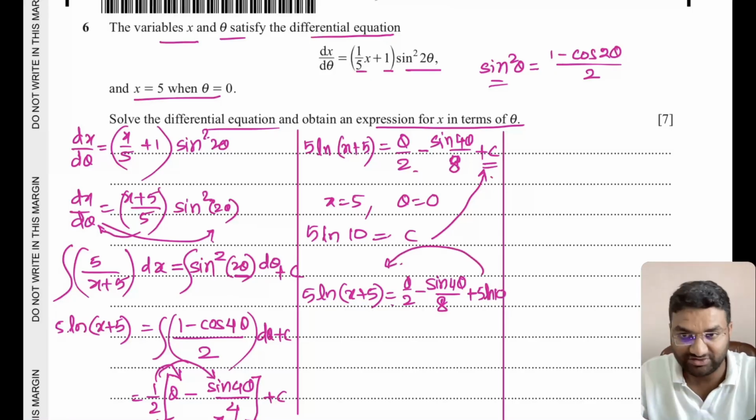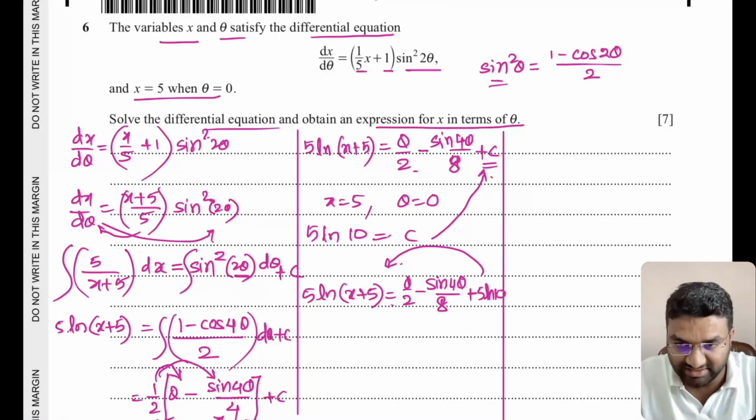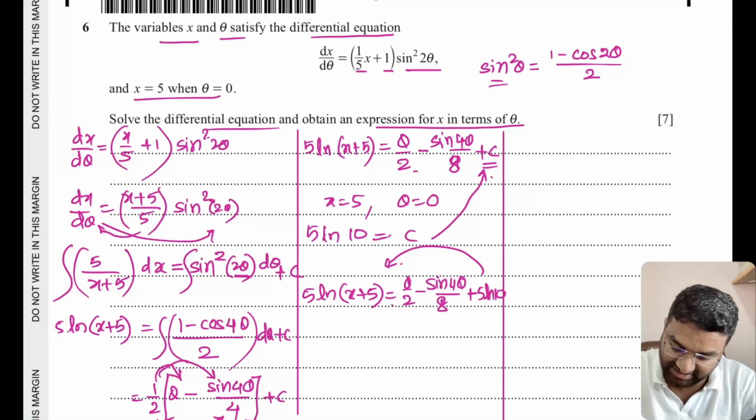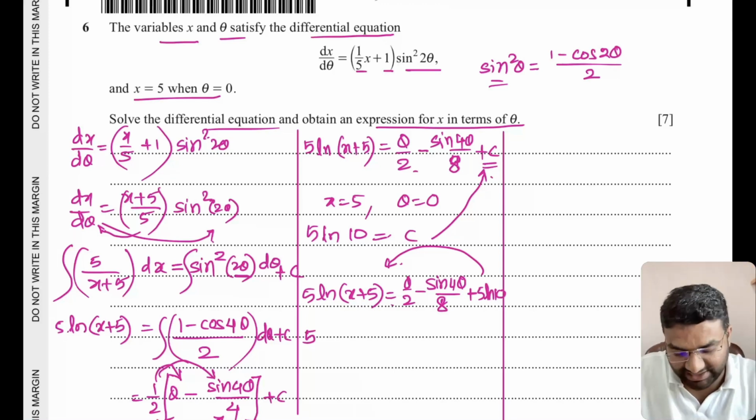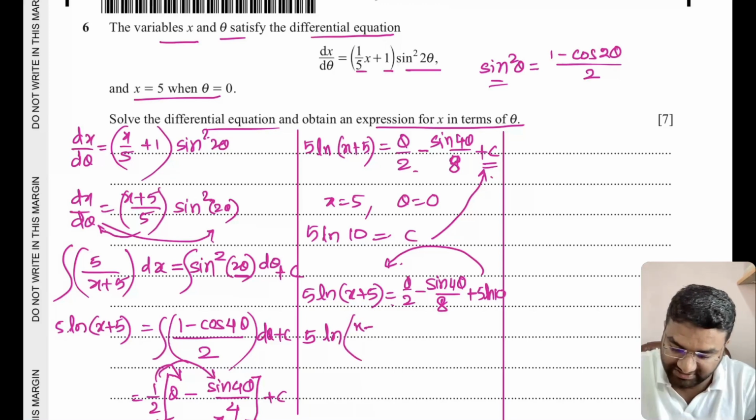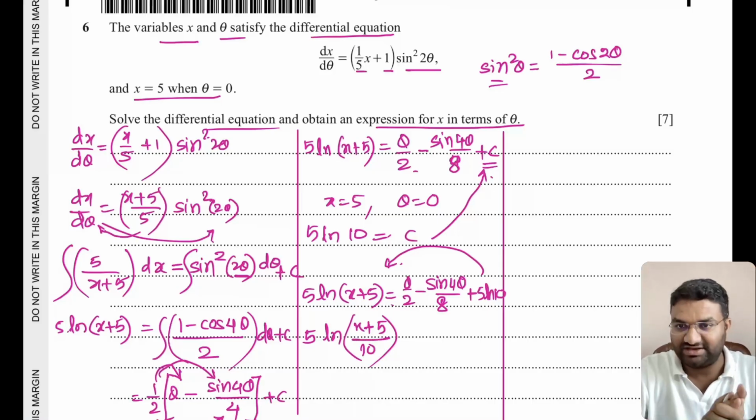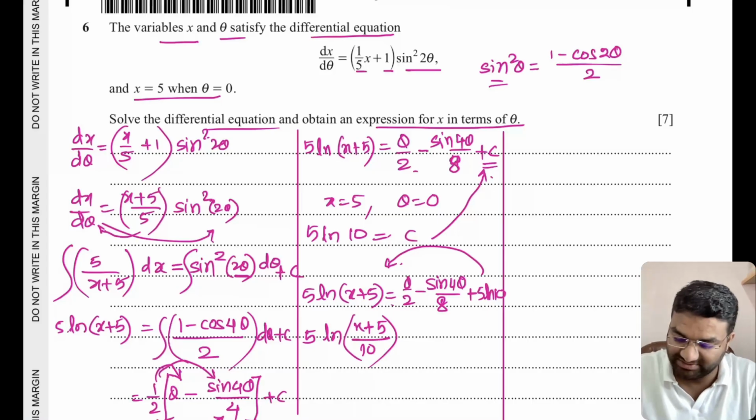When you take it to the left, we have to apply the laws of logarithm as well. So minus means division. So I will write straight away ln of x plus 5 upon 10, because it's a subtraction and that becomes division.